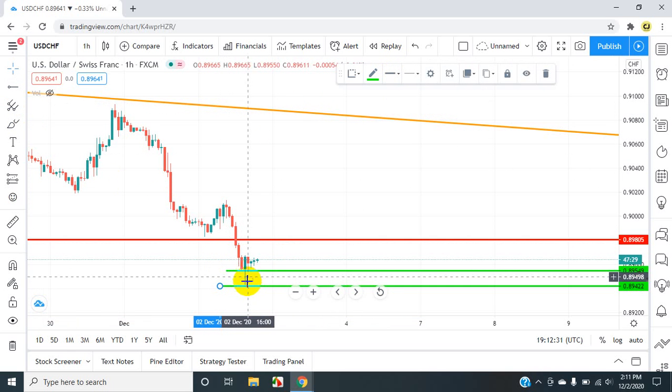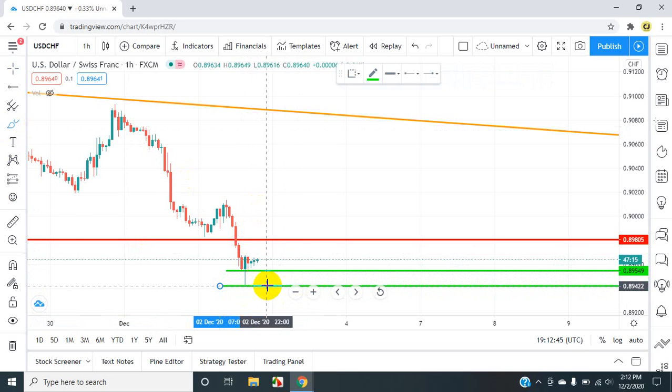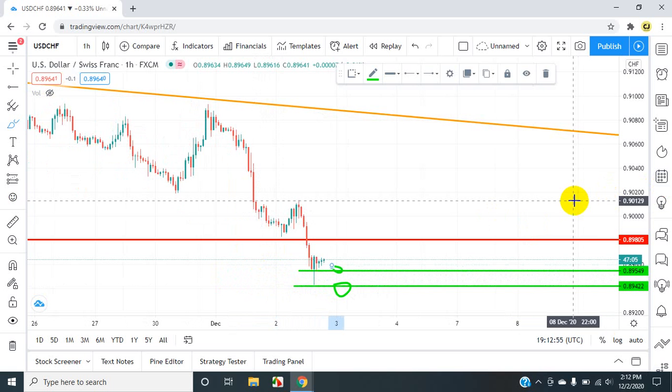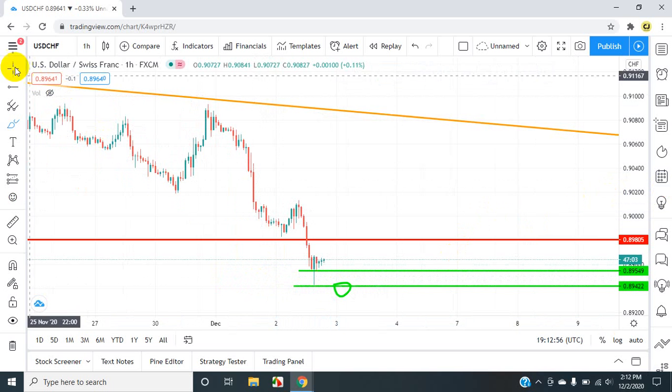With this wick, the market pushed price down, and it wasn't able to hold, and it came right back up and closed out. So within this area, below this yellow line, below this green line, I will be taking entry to take that straight down. And that's all it is.